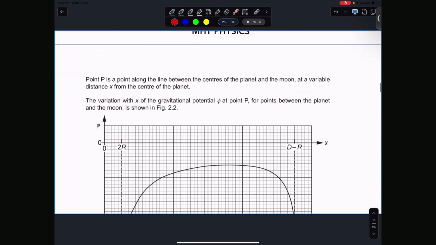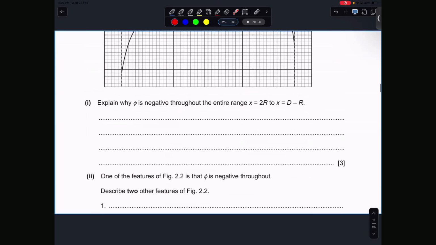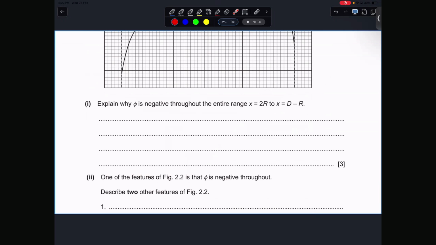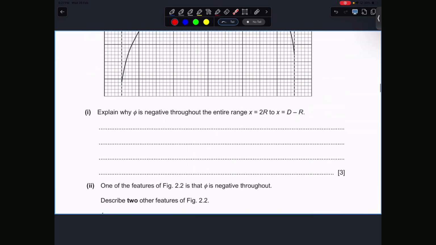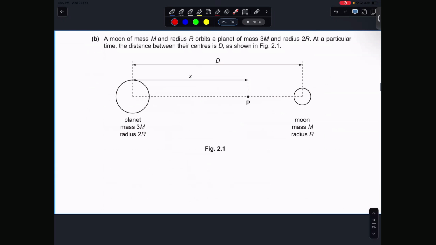The variation of gravitational potential with x is given here between the two masses. Explain why phi is negative throughout the entire range from 2r to d minus r.